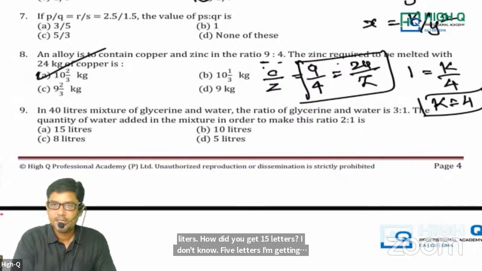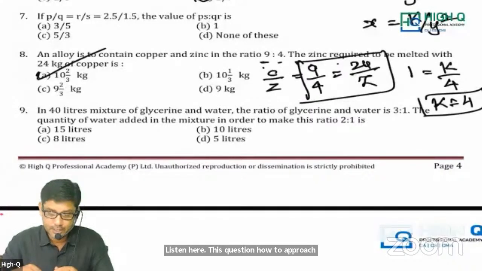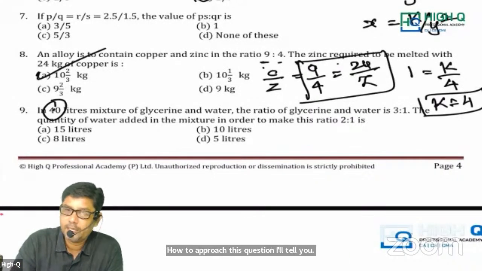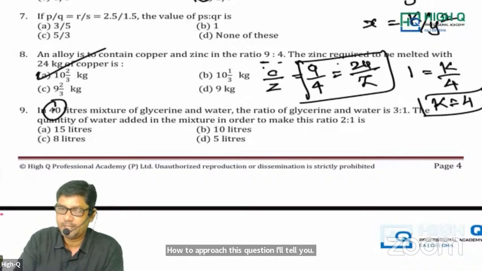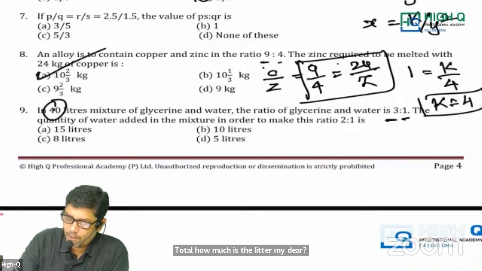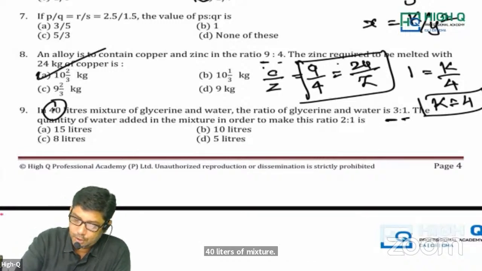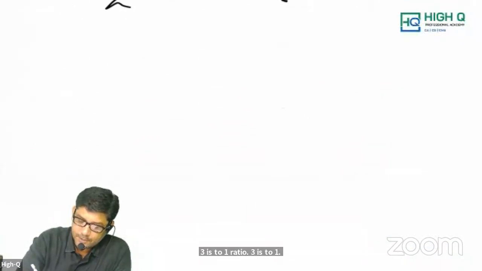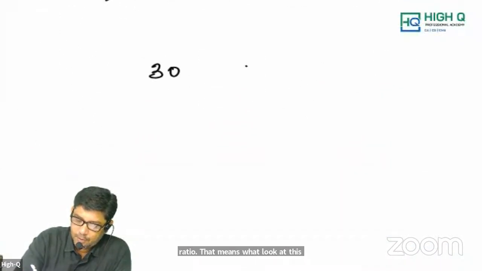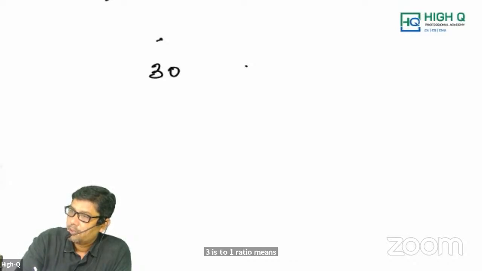Listen here. I'll tell you how to approach this question. Total, how much is the liter, my dear? 40 liters of mixture in a 3:1 ratio. That means glycerin and water must be 30 and 10.